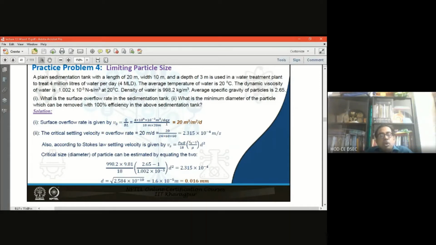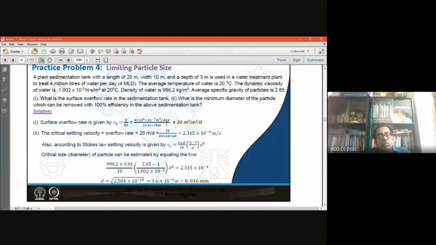Now, as per Stokes law, considering laminar flow, we know the velocity Vs equals rho w g by 18 into (Ss minus 1) by mu into d square. Now, the critical diameter of the particle can be estimated.